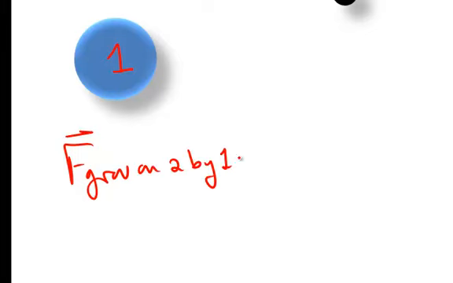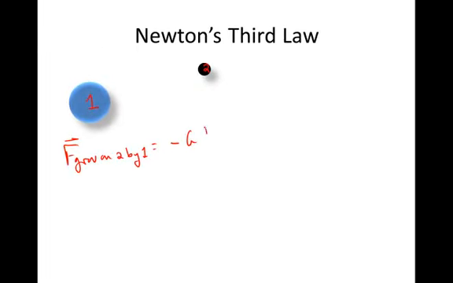So if I'm going to call this planet 1, this is planet 2, and I would like the gravitational force on 2 by 1, that's going to be negative G m1 m2 all over |r2 minus r1| squared, times this vector I'm going to call r21 hat.